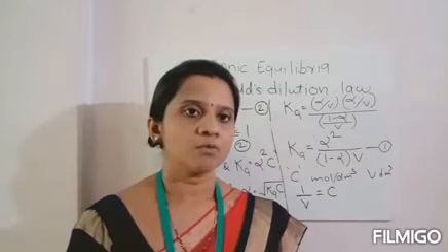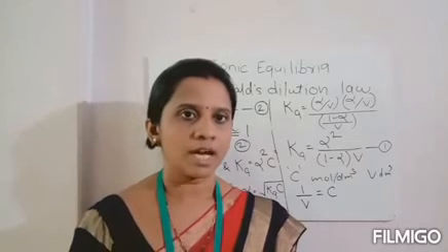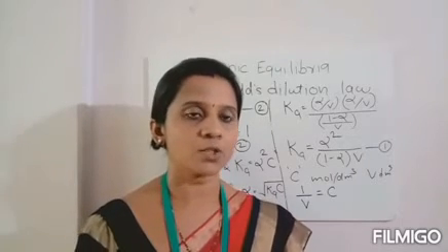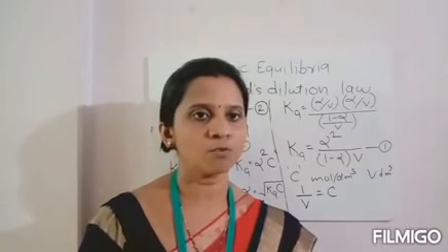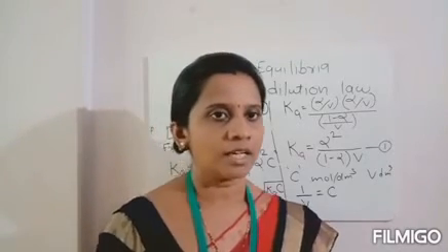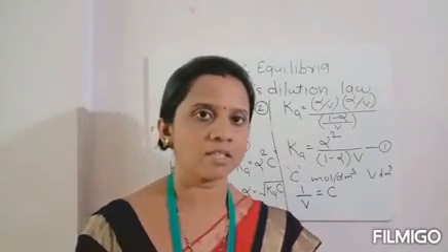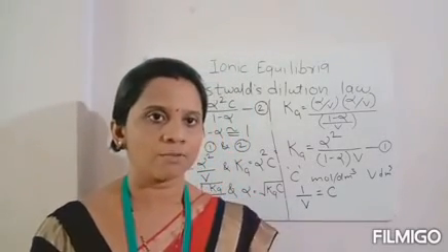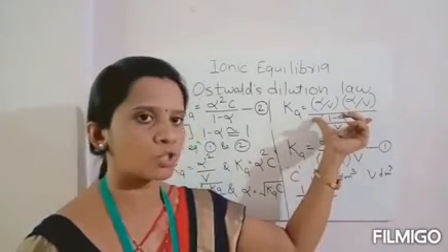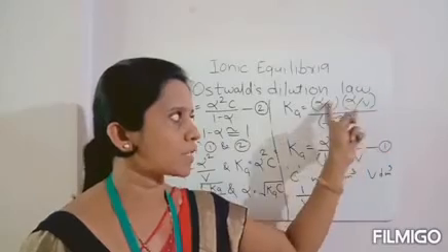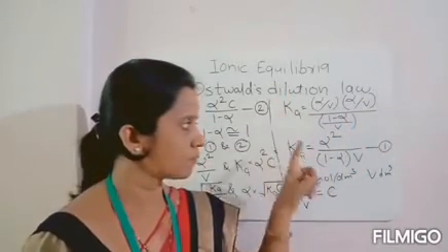Then 1 mole is present in V decimeter cube of solution and alpha is the amount dissociated, so the amount undissociated will be 1 minus alpha, and the values for H plus and A minus will be alpha, from which we find the equilibrium concentrations. Then substitute these equilibrium concentrations in the expression for the dissociation constant.